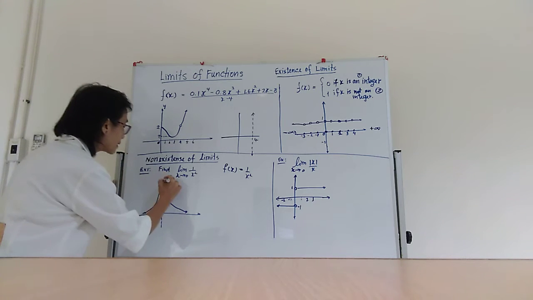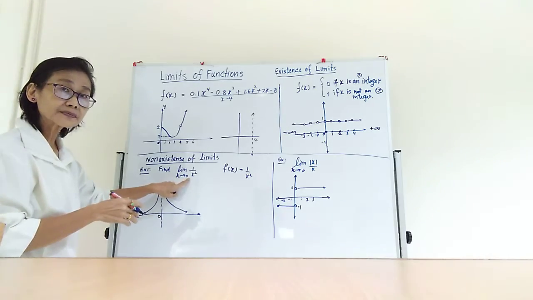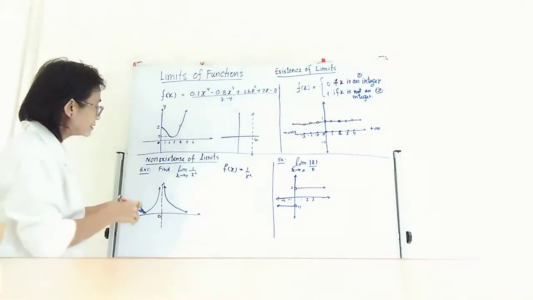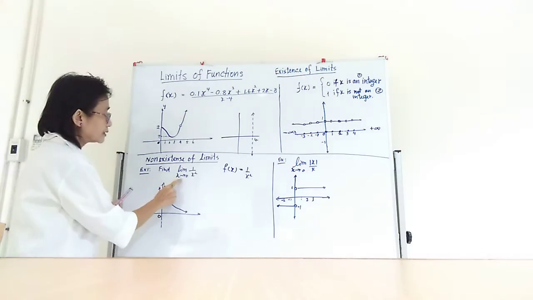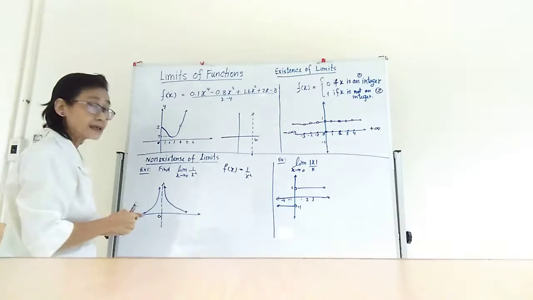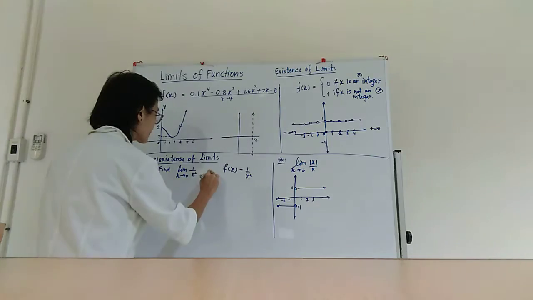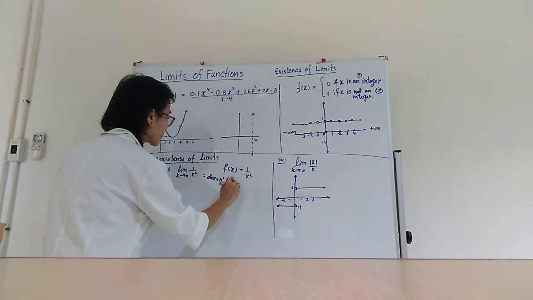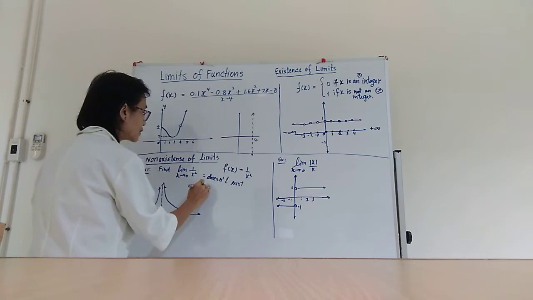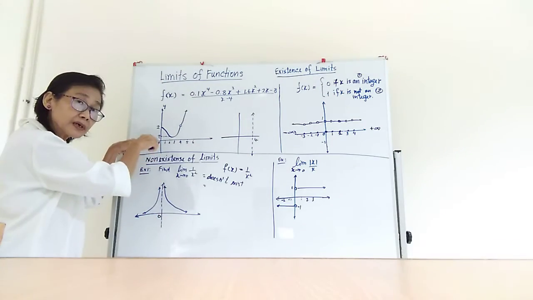Okay, and then we have a broken line. That means our graph will approach closer to 0. So in this case, the limit, the answer of limit 1 over x squared when x approaches 0, doesn't exist, right? This one doesn't exist. Or in other words, we can answer this one: because the graph approaches closer to above here, right?